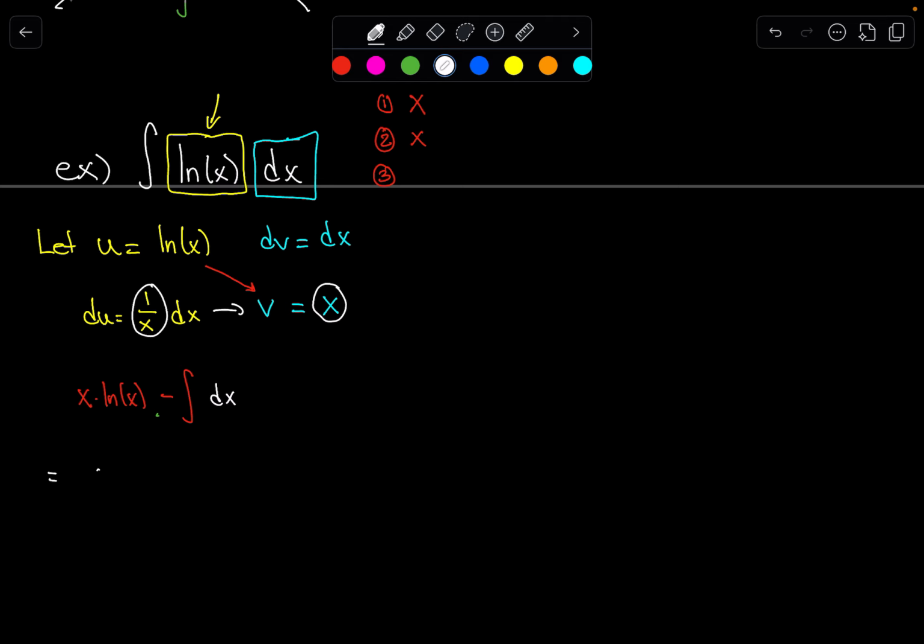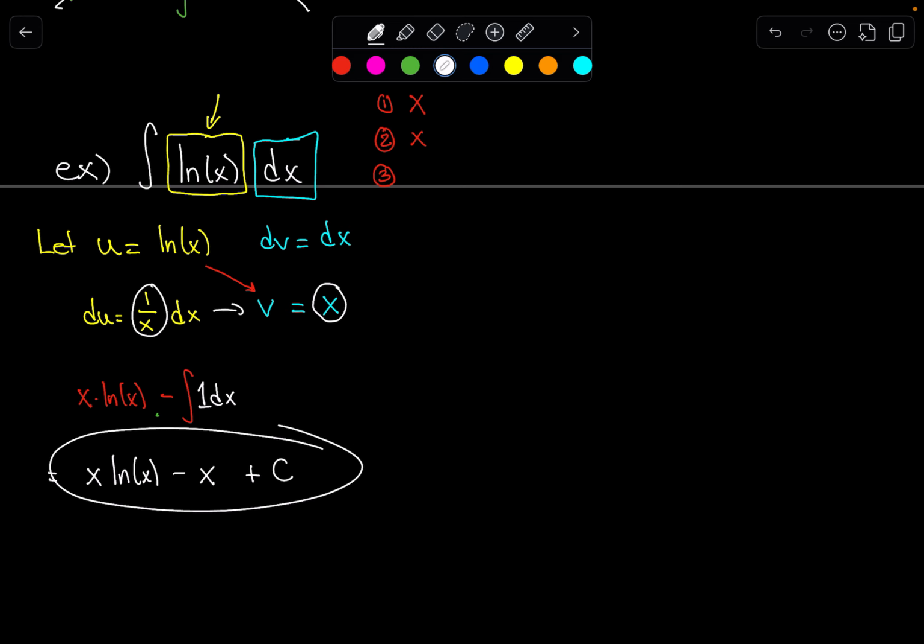So we have x times the natural log of x minus the antiderivative of this, which looks like there's nothing, but there's actually a 1 there, don't forget, is just minus x, and then plus c. And we are good to go.